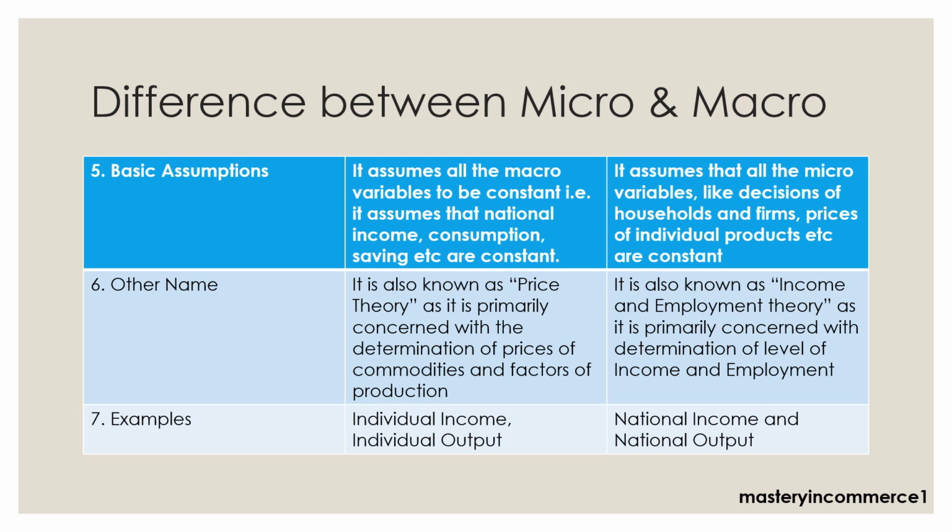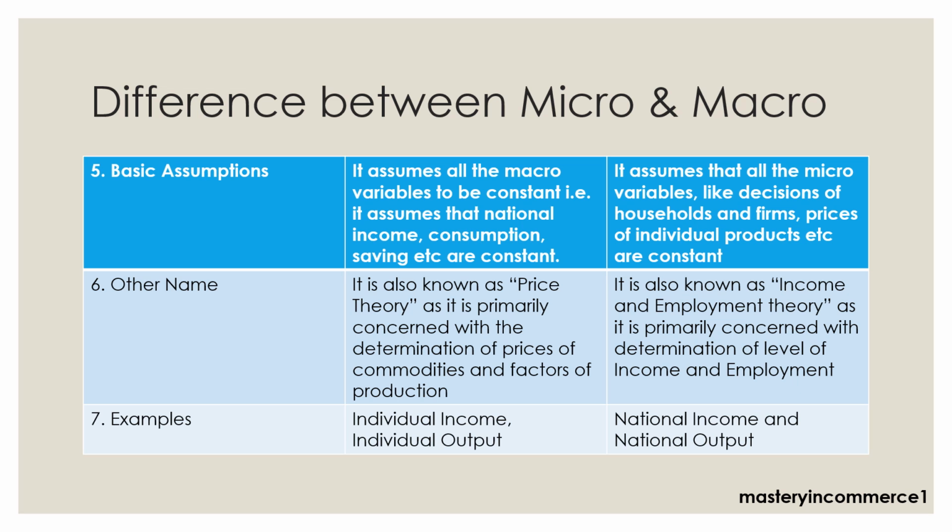So it is assumed that all macro variables are constant, such as national income, consumption, saving, etc. They don't keep on changing. Same assumption we have for macro, that all micro variables are the same, like decisions of households and firms, prices of individuals, everything is constant.